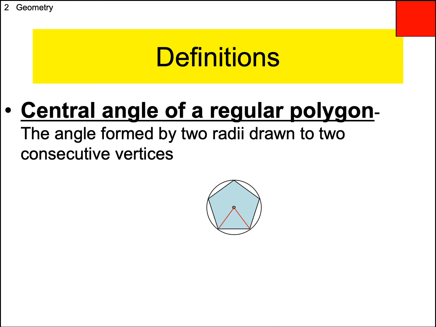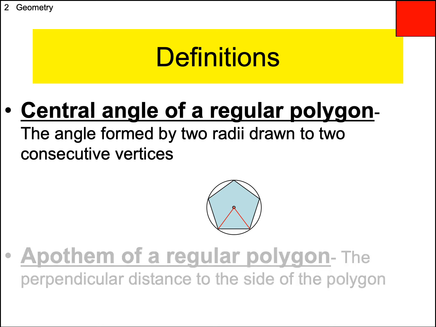Notice I can't go to an opposite one. I've got to go to a consecutive one. I actually make a central angle, and in red there, hopefully you can see the central angle. So the central angle of a regular polygon is the angle formed by two radii drawn to two consecutive vertices. Hopefully that makes sense.